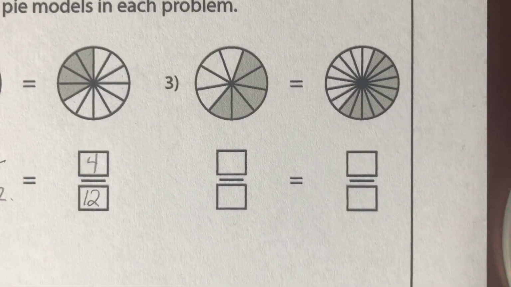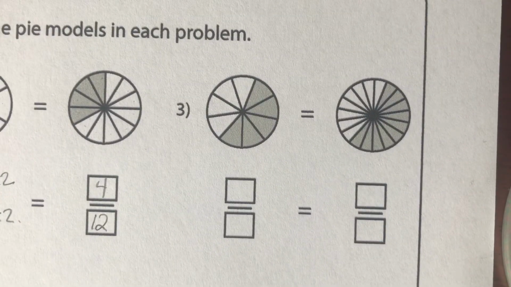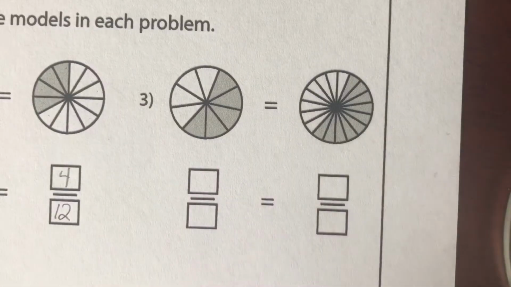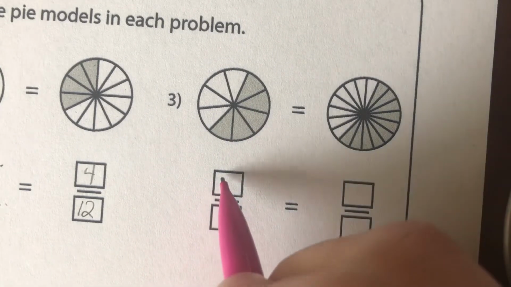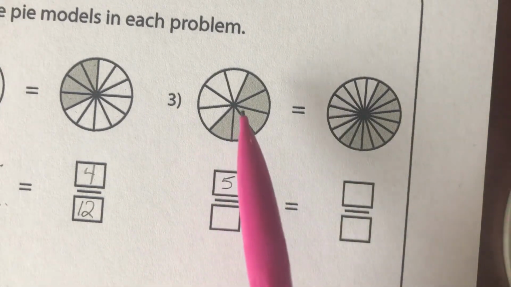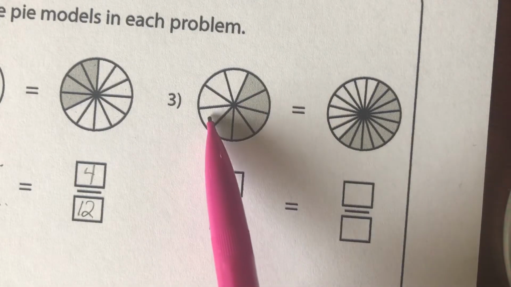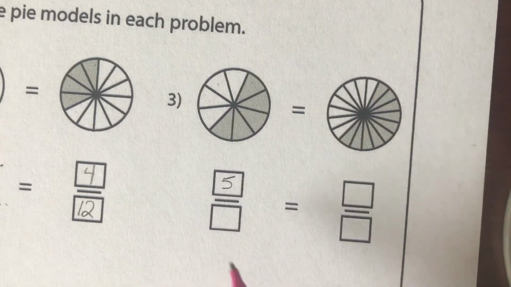All right, with 3, pause your video, try this out. Here we have 5 parts shaded out of a total of 9.